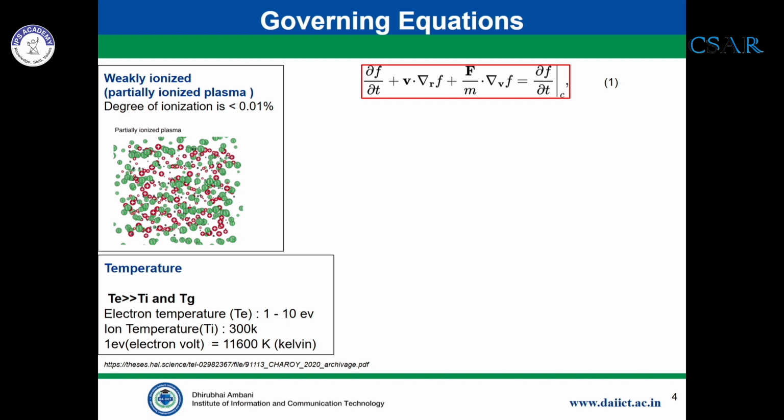For the governing equation, the Boltzmann equation, using this we can track the phase space evolution of the plasma in time. From this we can derive the momentum conservation equation. If you look at the right-hand side and left-hand side, I am equating the different kinds of force densities and how they affect the evolution of plasma. There is a collision term.